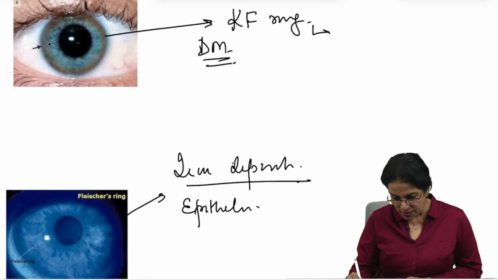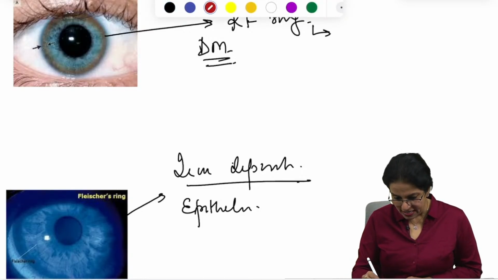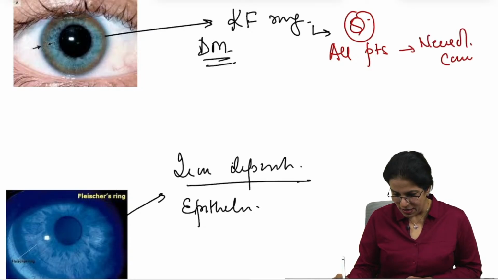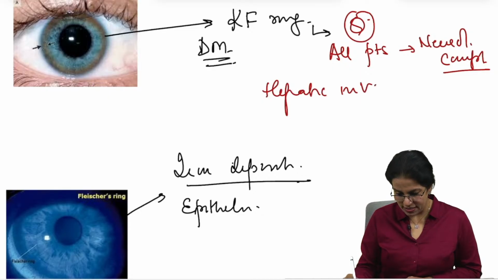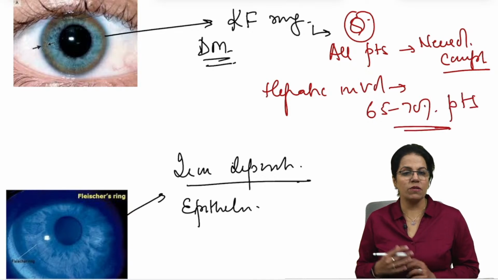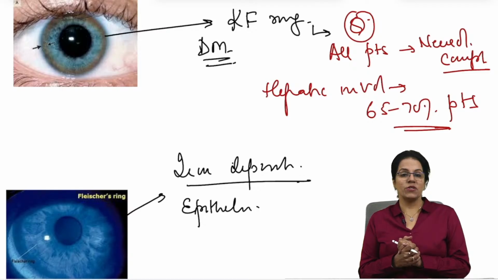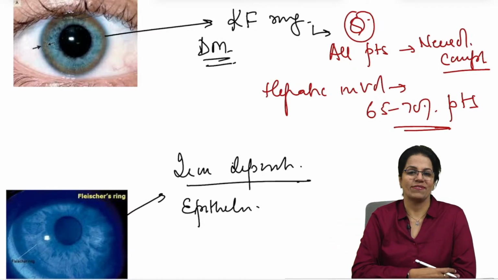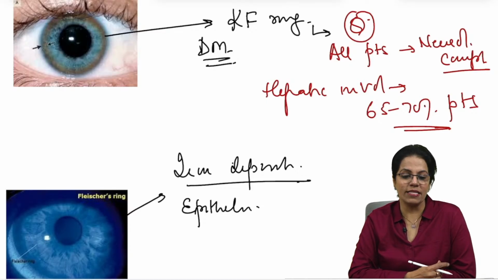One more important question on Kayser-Fleischer ring: it will be seen in all patients of Wilson's disease with neurological complications, but with hepatic involvement, it may not be all patients. Only 65 to 70% of patients with hepatic involvement will present with KF ring. This was your INI-CET question. So, you should know this. KF ring starts from above and below and then becomes a circle. So, these are the things asked around Kayser-Fleischer ring.